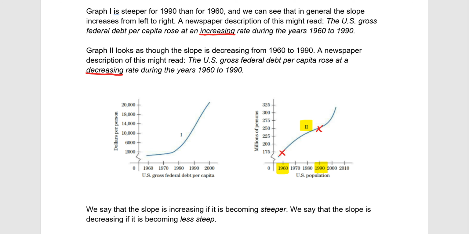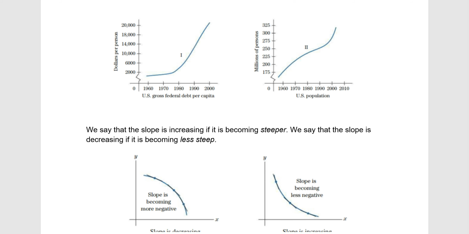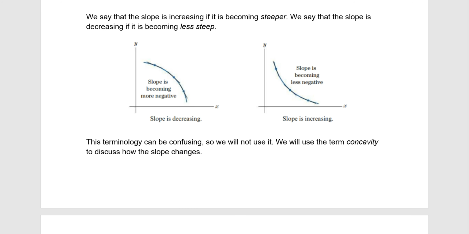They're both increasing, but at different rates. We say that the slope is increasing if it's becoming steeper, just using terms that we're familiar with for now, and we say that the slope is decreasing if it's becoming less steep.